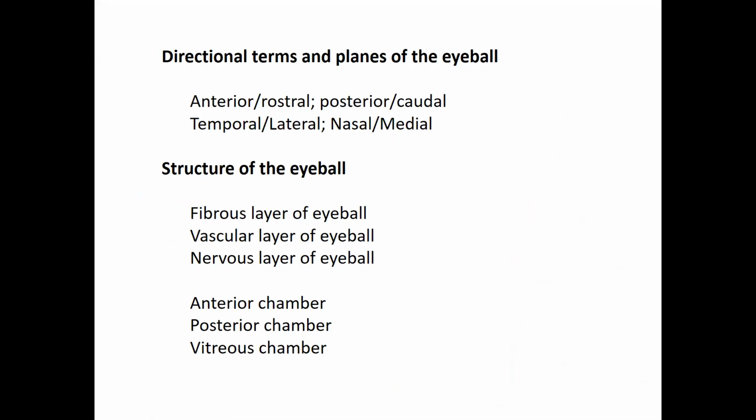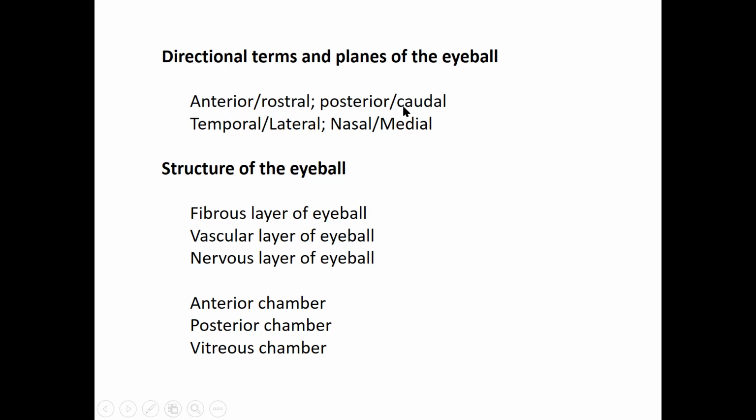So when we are talking about the eye, the anatomical terminologies are slightly modified. The term anterior is also used here for rostral. This is only true for the eyeball. Generally, we don't use the term anterior within the head. We only use rostral, but with the eyeballs, sometimes the term anterior is also used.